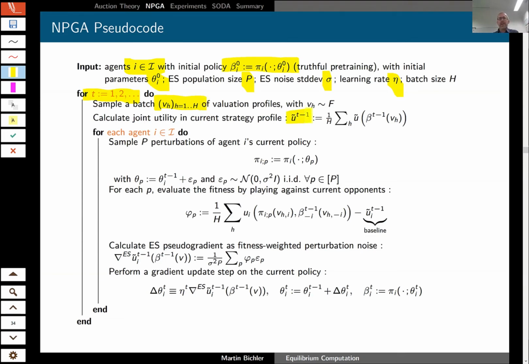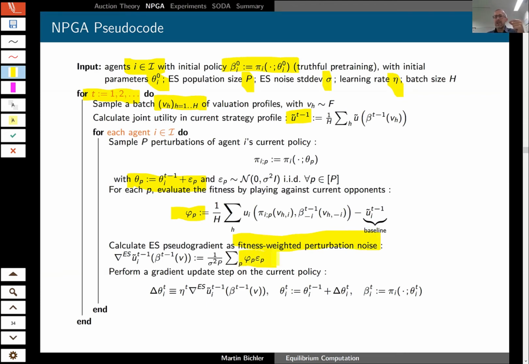Then for each agent, we draw a set of perturbations of these parameters. These perturbations are nothing but Gaussian noise added to the parameters, and each of them gives us a new instance of a neural network. Then we evaluate the fitness, which is again the average utility over all the instances we drew at the beginning. Then we can compute the fitness-weighted perturbation noise, which you see down here.